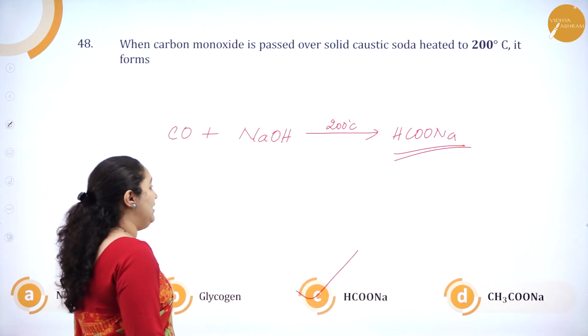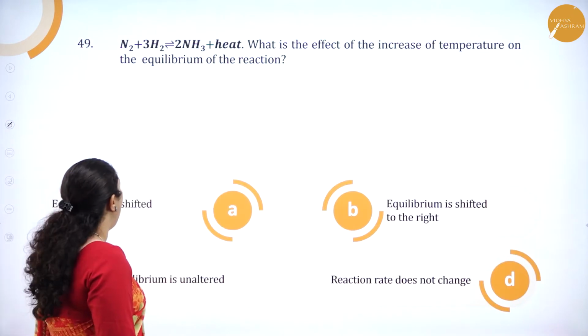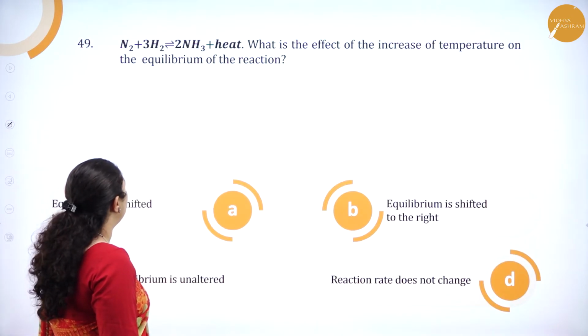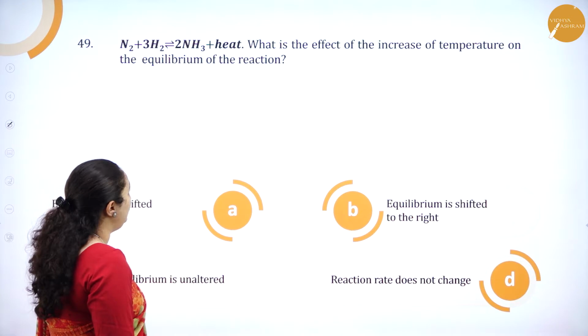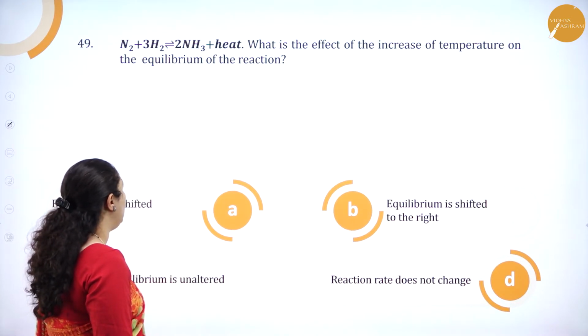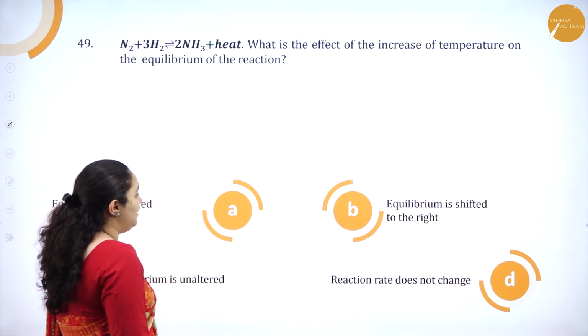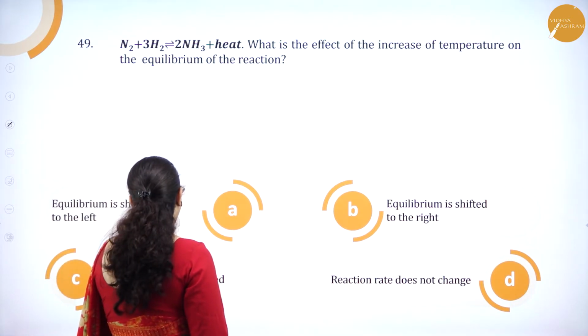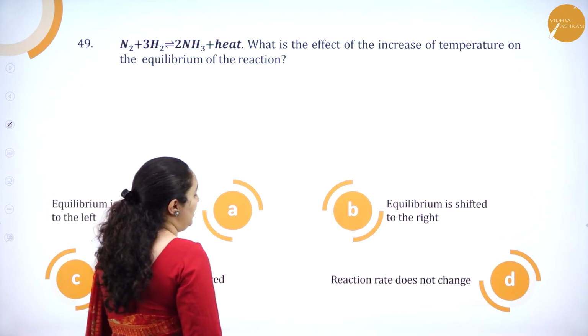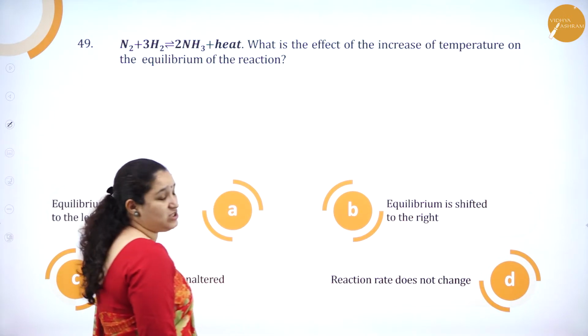Okay. Next question. Hydrogen plus nitrogen gives ammonia releasing heat. What is the effect of increase in temperature on the equilibrium of the reaction? Equilibrium is shifted to left, equilibrium is shifted to right, equilibrium is unaltered, reaction rate does not change.